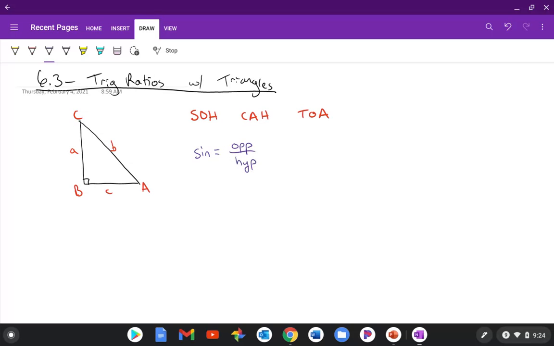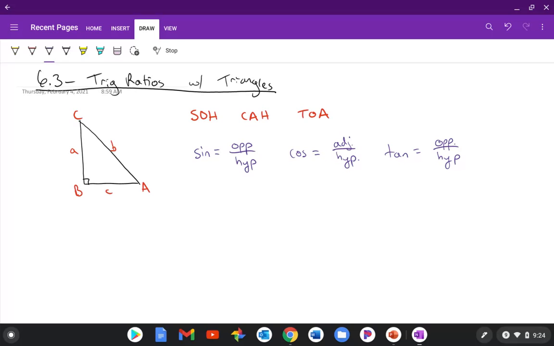The cosine, the CAH, represents cosine, which is adjacent over hypotenuse. And the TOA represents the tangent, which is the opposite over the adjacent. So hopefully this isn't completely foreign to you. Definitely write it down, especially if you don't already know this, but write it down either way.